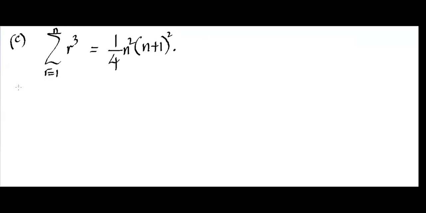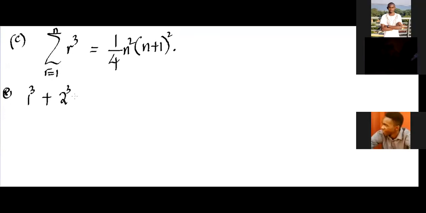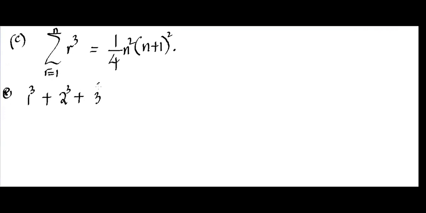Or it could be given as 1 cubed plus 2 cubed plus 3 cubed, and so on until when r is n, of which the term will be n cubed. That sum is a quarter n squared into n plus 1 all squared.